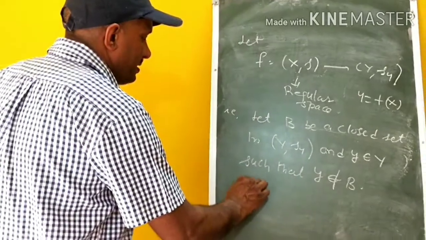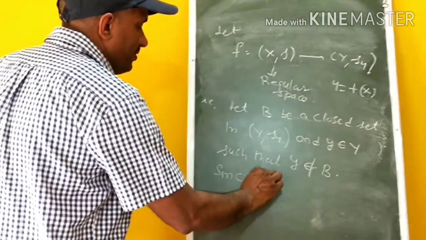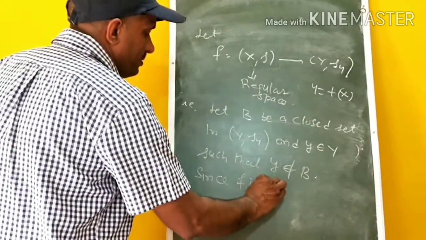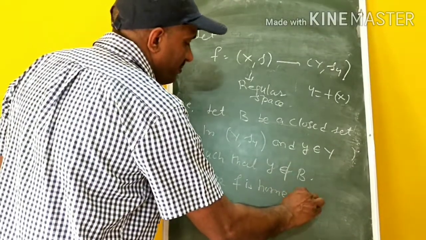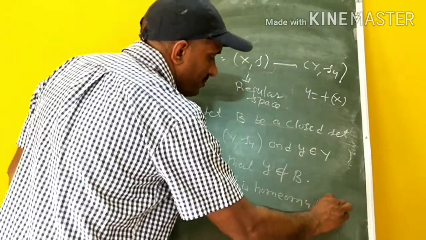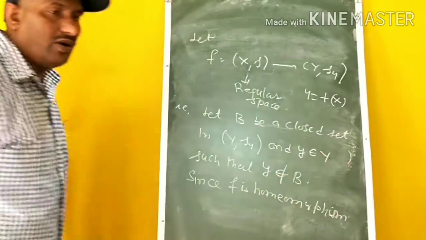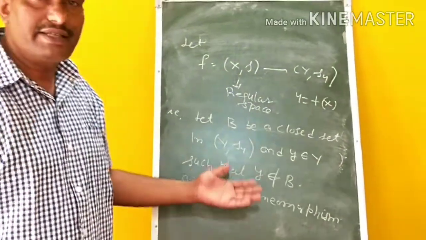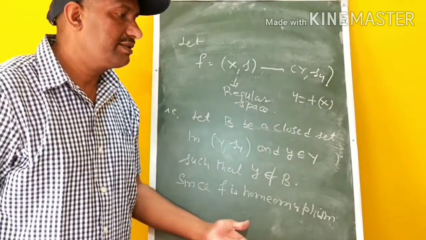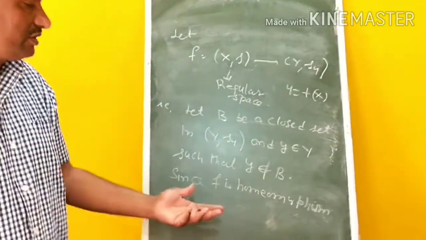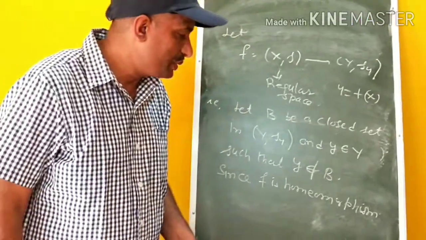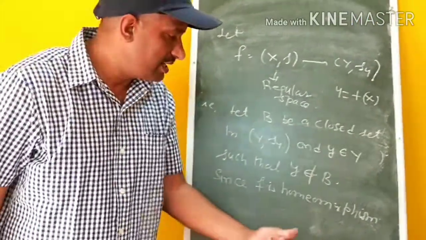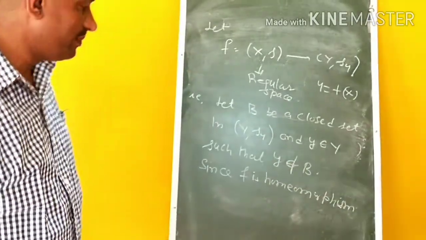Since f is homeomorphism, you know a map which is bijective and bicontinuous is a homeomorphism, or you can say a map which is bijective and f inverse is continuous is also known as homeomorphism.